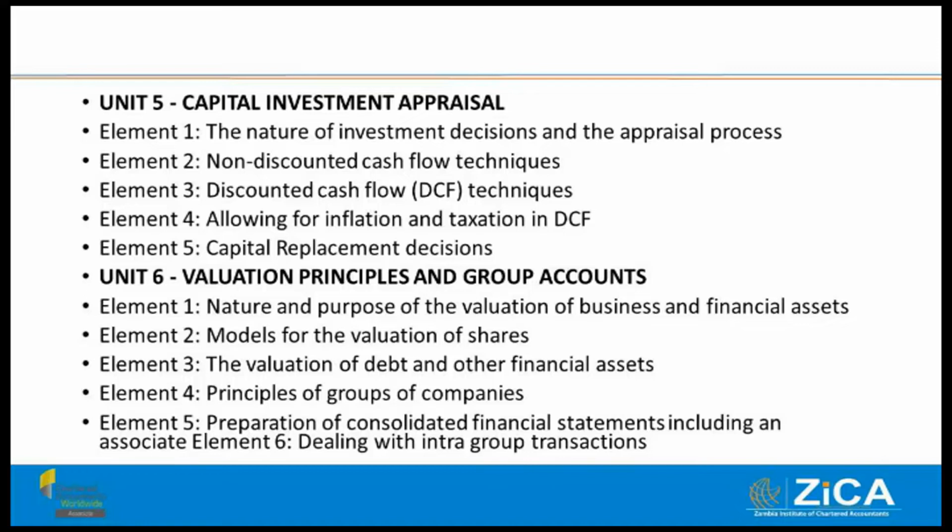Following this unit is valuation principles and group accounts, which is comprised of about 6 elements. This is one of the modules that's integrated and generally is challenging for the students because it's corporate finance and financial accounting. It covers topics such as valuation of shares, principles of group accounts, and then preparation of financial statements for an associate, and how you deal with inter-group transactions.